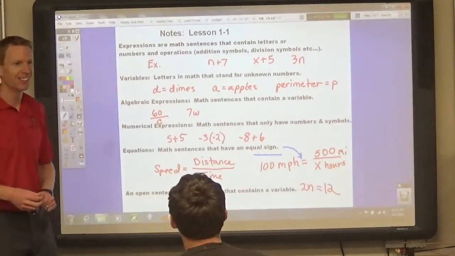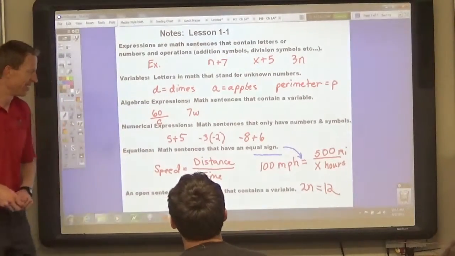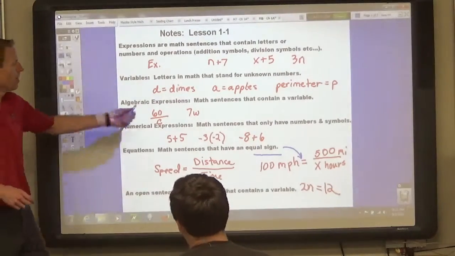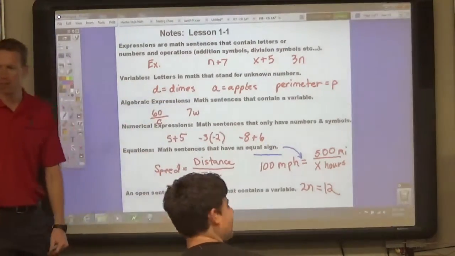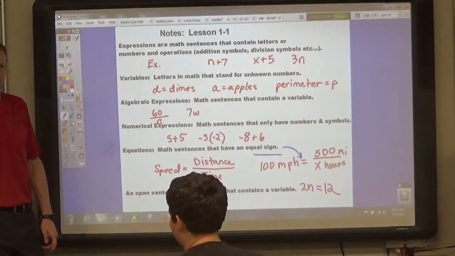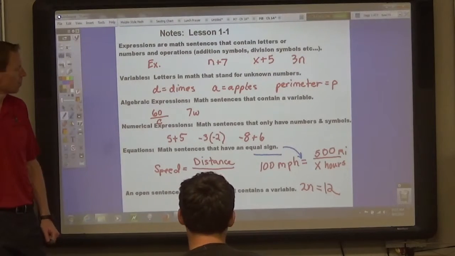It could be how many notes we make. Okay, notes. It could be anything that starts with an N. You should choose a variable that contains the word that you're talking about, the subject. Okay?